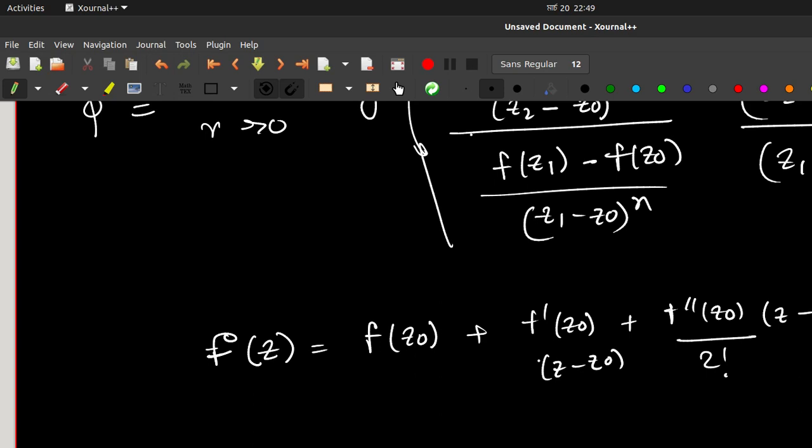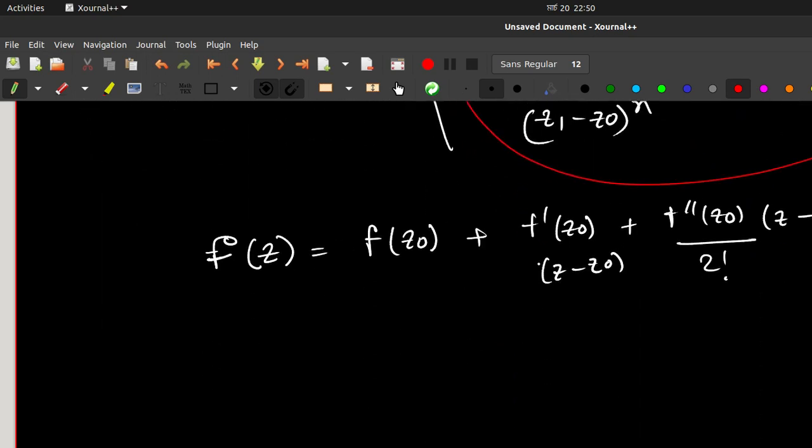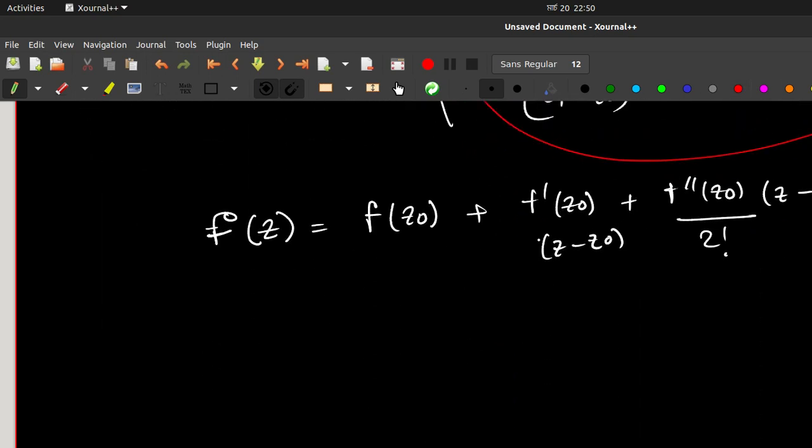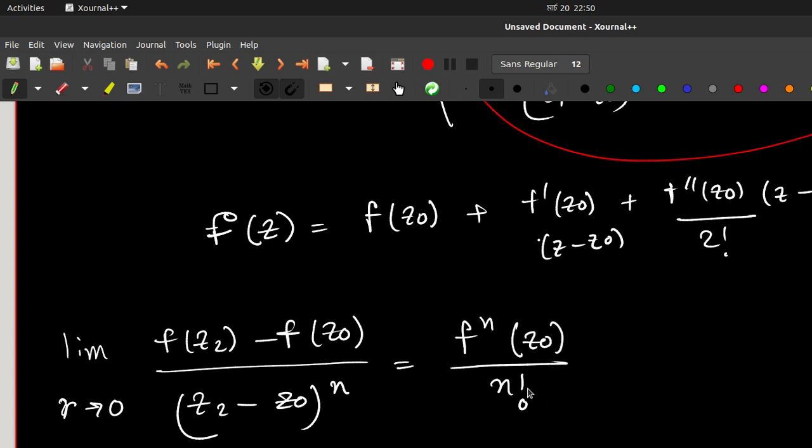Then these terms over here would actually give rise to the nth derivative, right? So what I mean is that this limit r goes to 0, f of z2 minus f of z0 divided by z2 minus z0 to the power n would give you the nth order derivative at point z0 divided by n factorial.